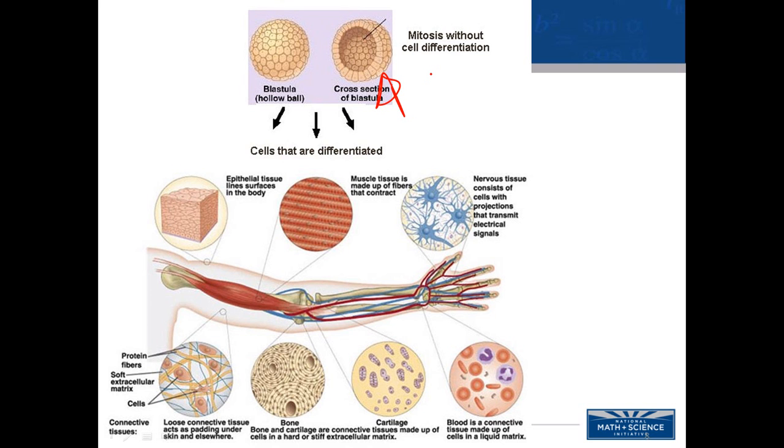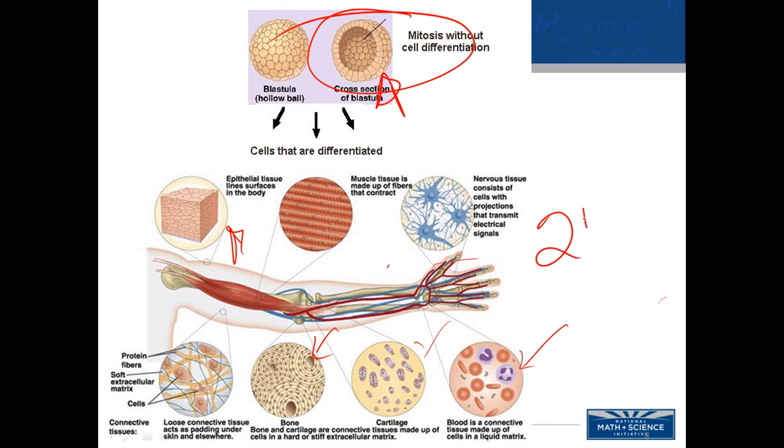For example, we know that we have epithelial cells, and we have muscle cells, and we have nerve cells, connective tissue, and bone cells, and cartilage, and blood cells, and so on. So the question is, how do you start with this ball of undifferentiated cells to producing cells that are very differentiated?